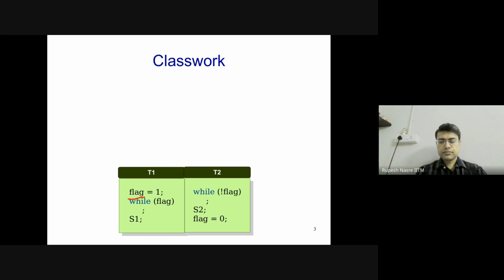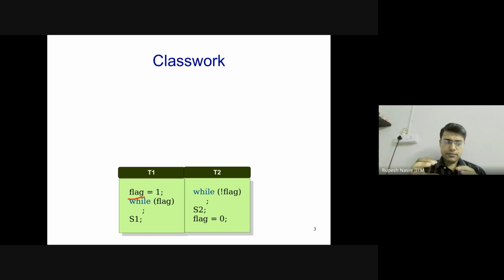Okay. Any other? Yeah, Chinmay says that after we are in the loop for T2, we switch to T1, which makes the flag 1, and we enter into T1's loop. That is correct. We will enter T1's loop, but we will not be able to execute S1 and S2.